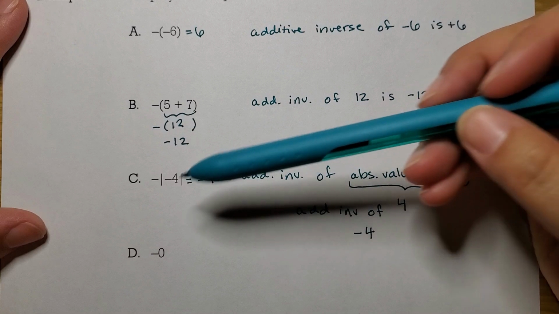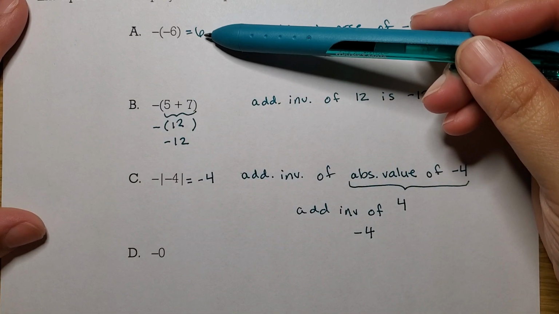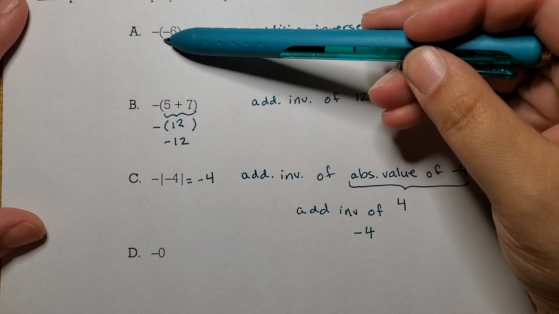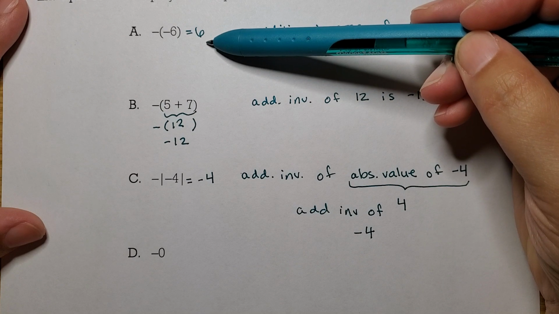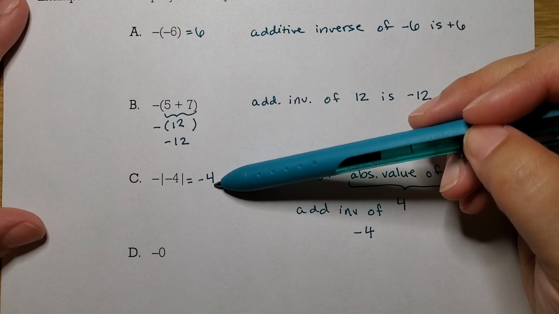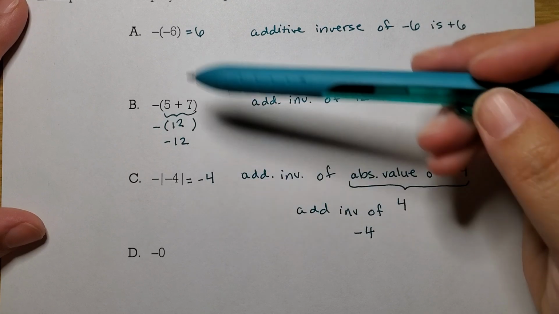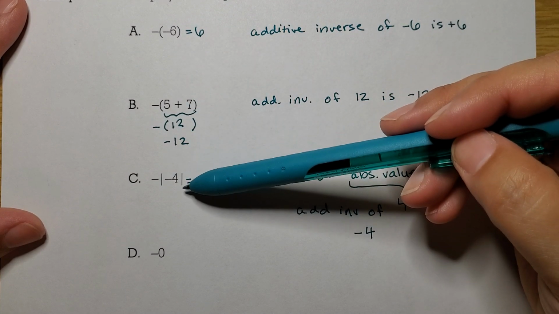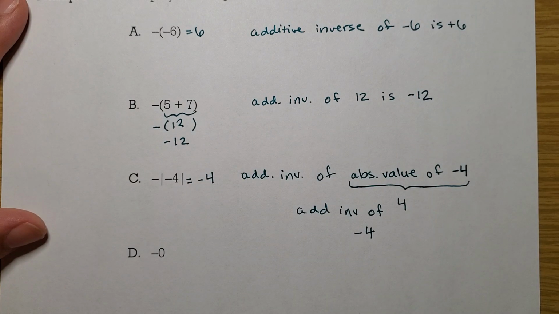This is different from what happened up here. Notice up here we had the two negative symbols and we got a positive answer. And down here we have the two negative symbols and the negative answer. So it does make a difference whether you see parentheses and whether you see absolute value. And you might be wondering, but isn't absolute value supposed to be a positive number?